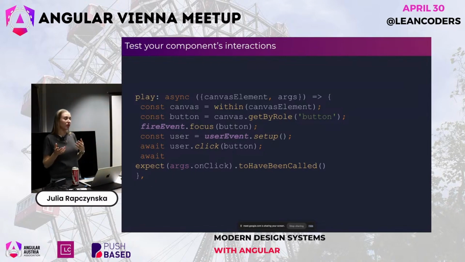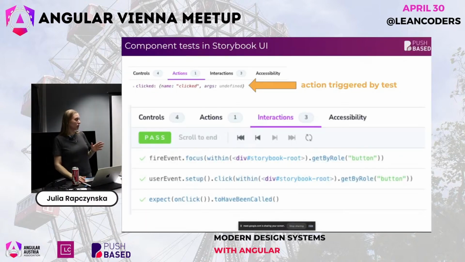So we can trigger the user interactions and check that the button reacts on the click, or the input changes when the user provides some kind of text there. And when running the test, you can not only do it as a part of your CI pipeline, but when you work with Storybook from the UI, you would still see that your component has some interactions and reacts to what's going on there.